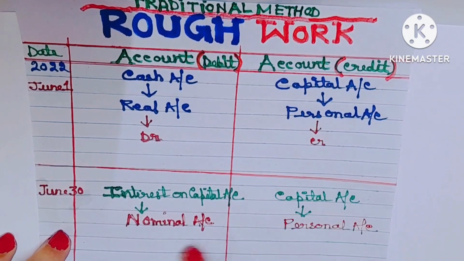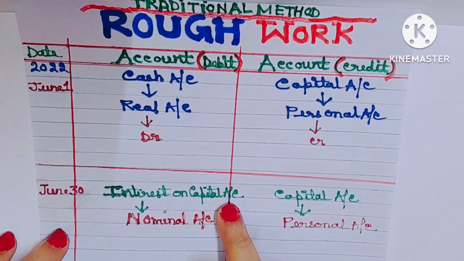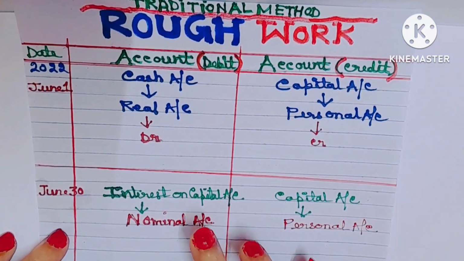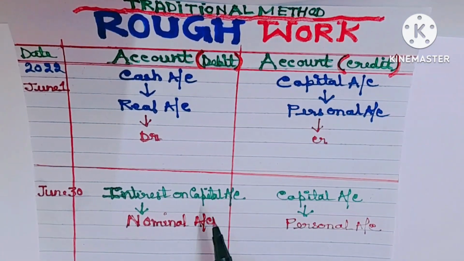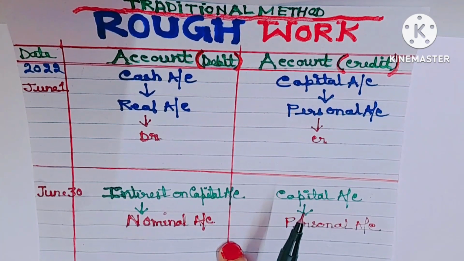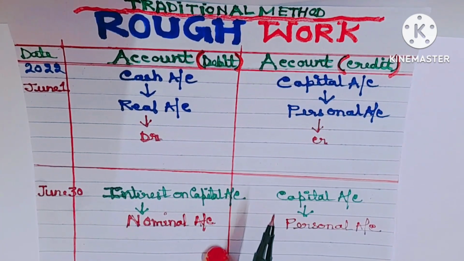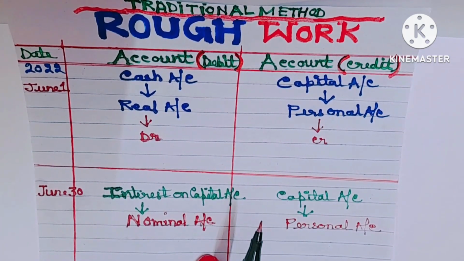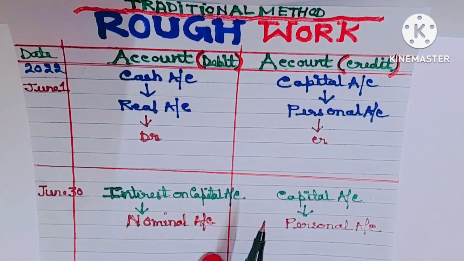So let's see interest on capital account. Let's analyze the transaction. See, interest on capital account is an expense for the business and is added to the capital of the proprietor or the business owner, or in this case Mamuni, thereby increasing the total capital in the business.